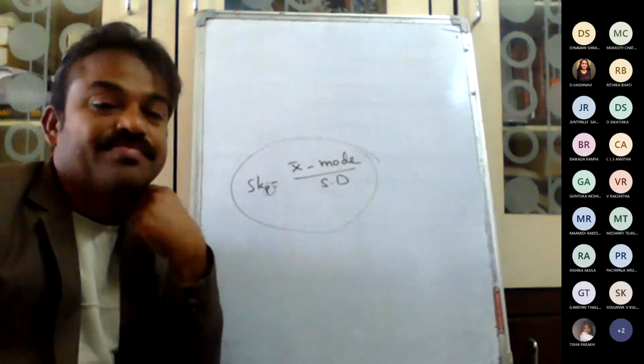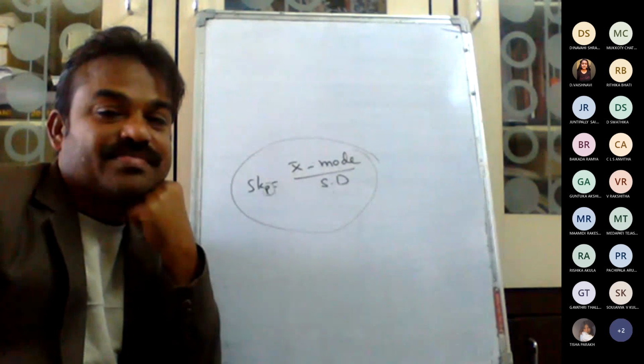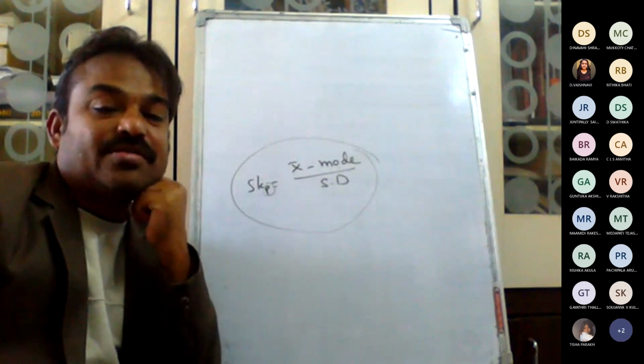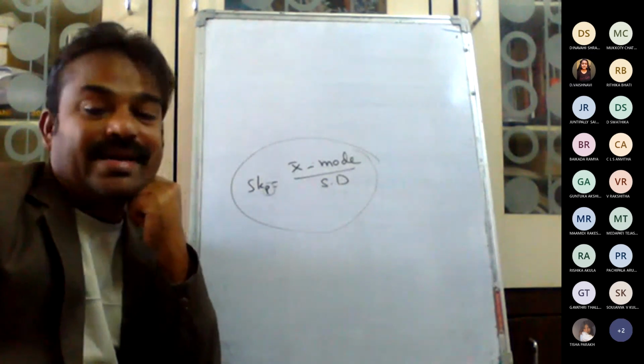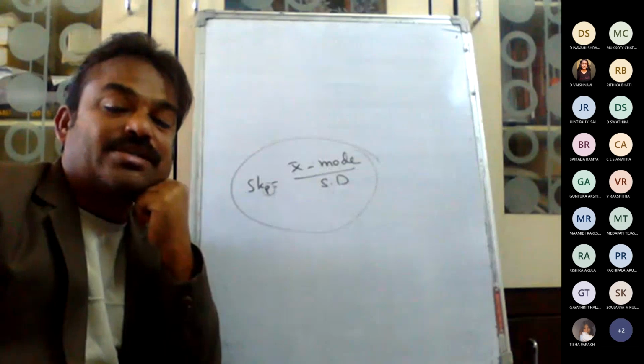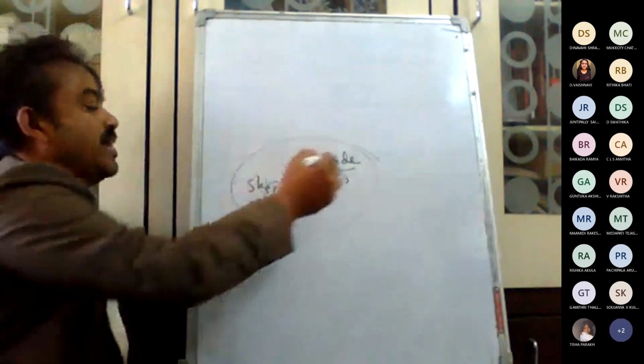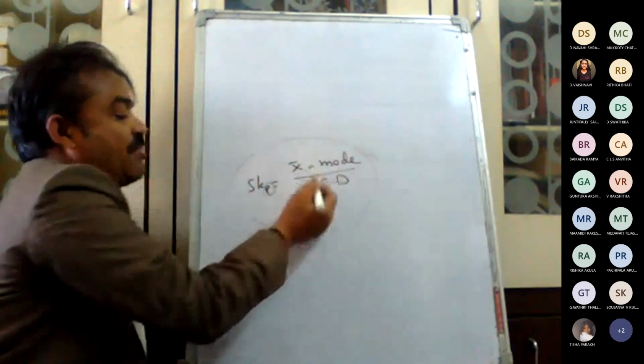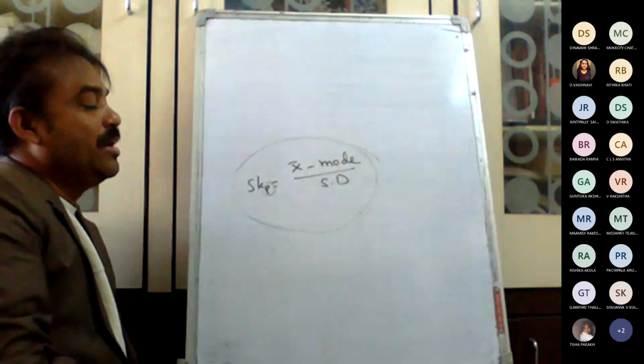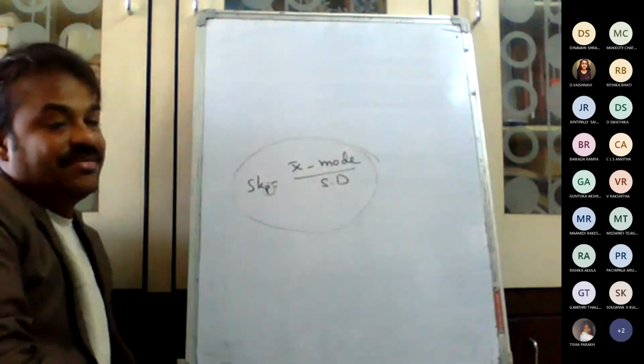Correct or wrong? Standard deviation is root of sigma x square divided by n, where x is equal to X minus arithmetic mean. So don't worry about this one. Just remember the formula. SKP is equal to mean minus mode divided by standard deviation.